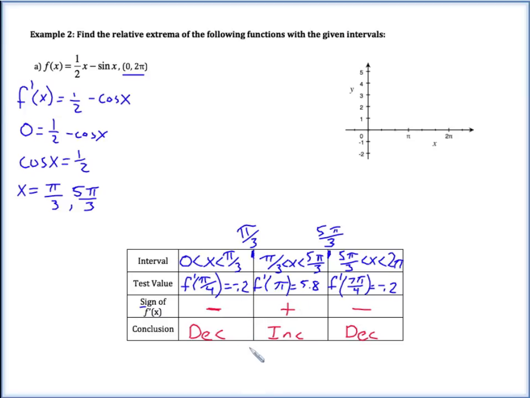Well, again, the first derivative test says if we go from decreasing to increasing, this has to be a relative minimum. And if we go from increasing to decreasing at a critical number, remember it looks like this, that makes this a relative maximum.